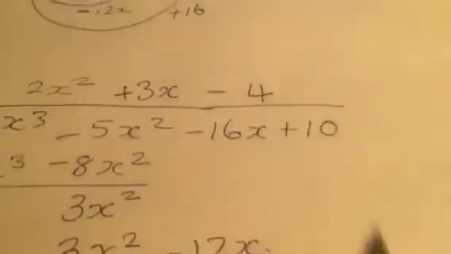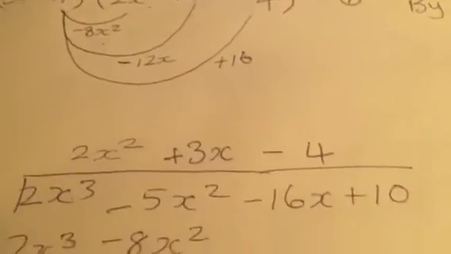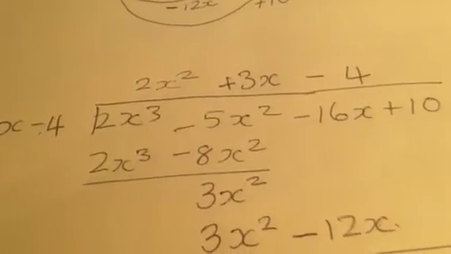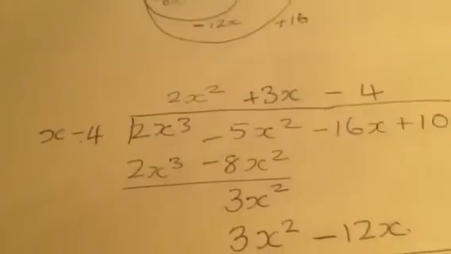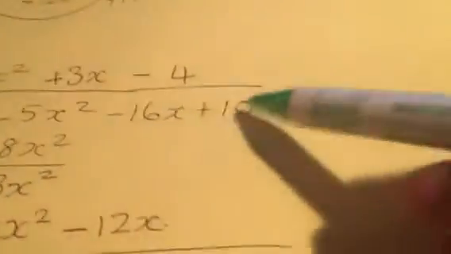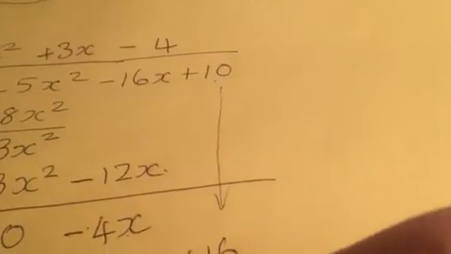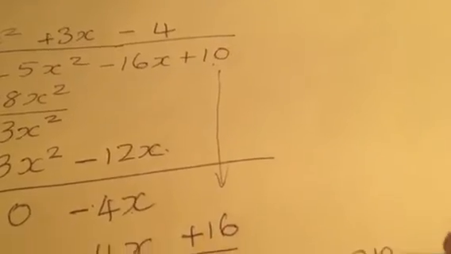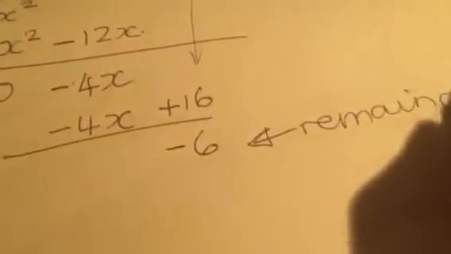So I put minus 4 there, then minus 4 times x minus 4. Minus 4 times x is minus 4x. Minus 4 times minus 4 gives me plus 16. I then subtract, so I've got 10 minus 16. 10 minus 16 is minus 6, and that's my remainder.